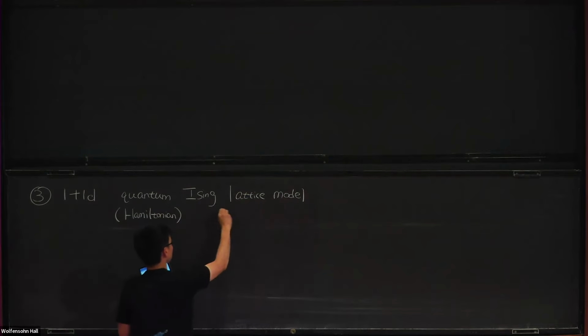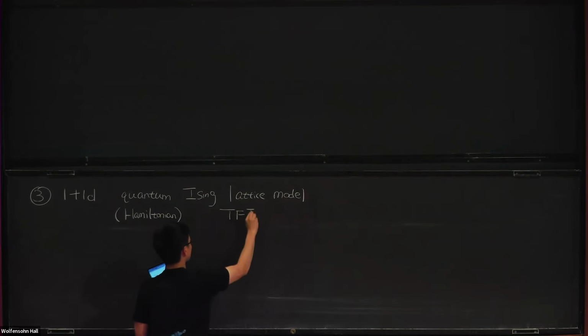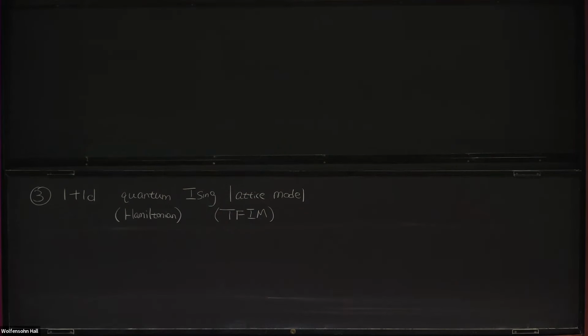It's also known as the transverse field Ising model. The Ising model has already been brought up at this school many times, and in today's lecture, we will look at its symmetry from a different point of view. So that's the example I'm going to focus on.